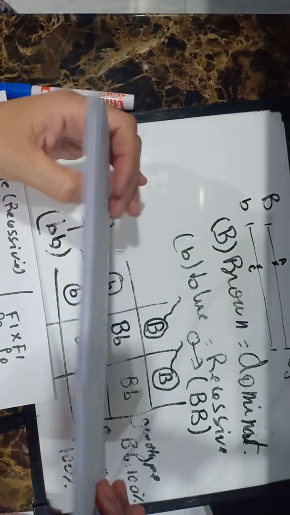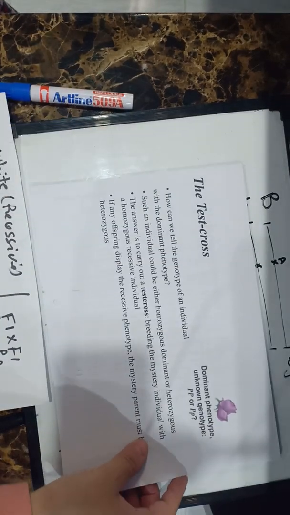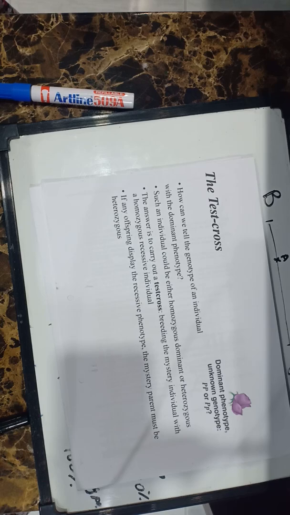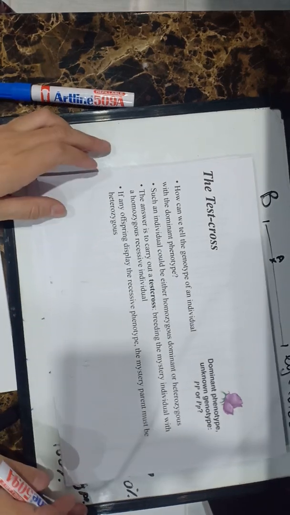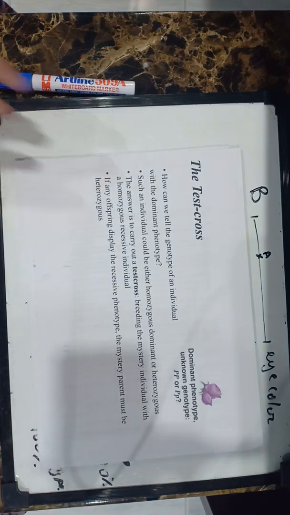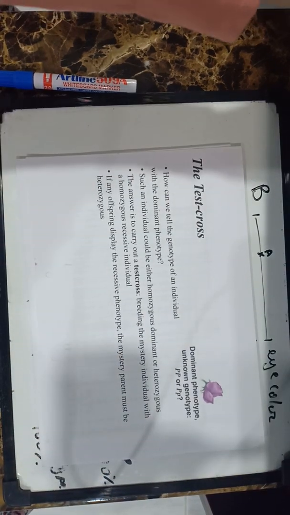Okay, and the last thing I want to discuss here is what we call test cross. What is a test cross? A test cross is a test we do when you don't know the genotype of an organism. So usually which one we don't know.